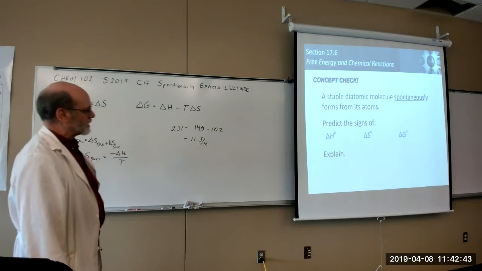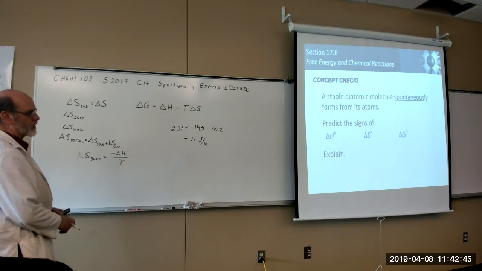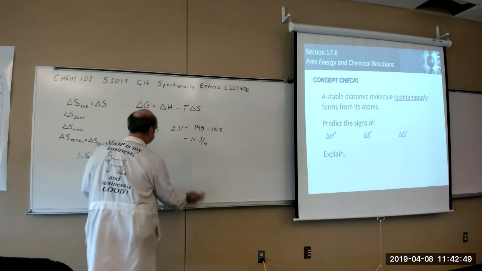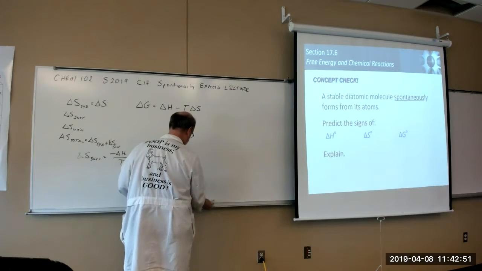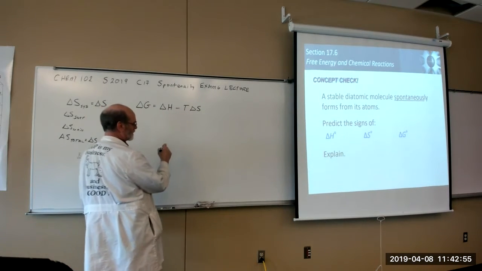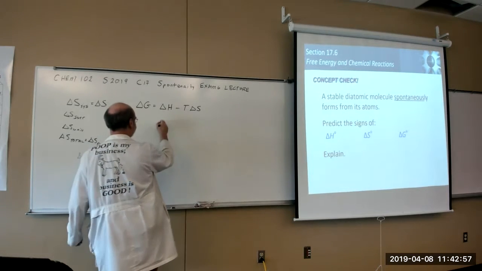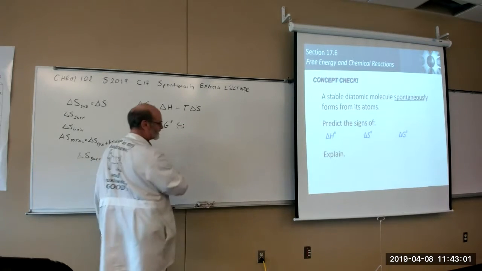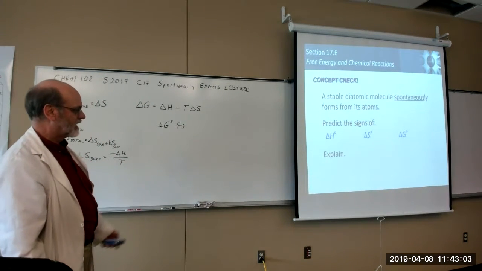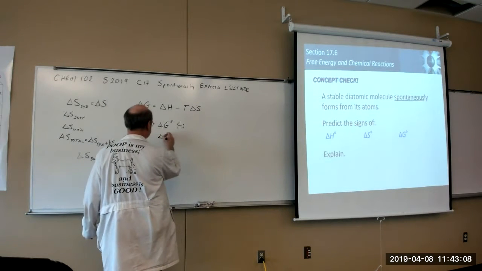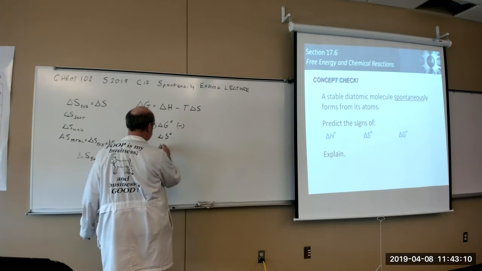So let's see if we can do this. A stable diatomic molecule spontaneously forms from its atoms. I'm going to predict G is negative because we said it was spontaneous right off the bat. Good test-taking technique. Or you could do delta H, either one.